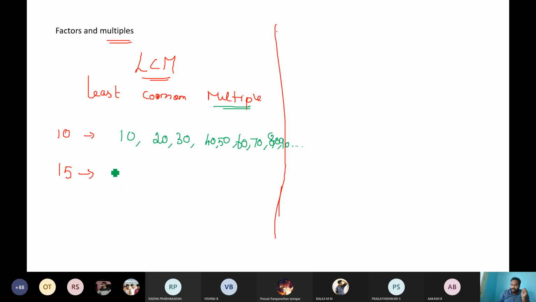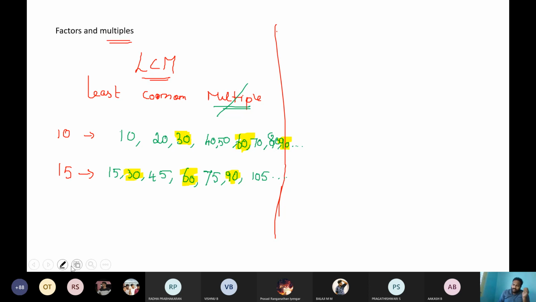What are the multiples of 15? 15, 30, 45, 60, 75, 90, 105, and it goes on like this. So I've written the multiples. Can you tell me what the common multiples are here? 30 is common, 60 is common, 90 is common.